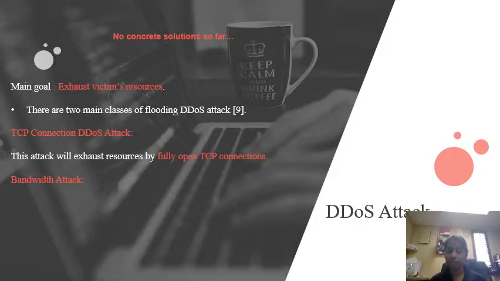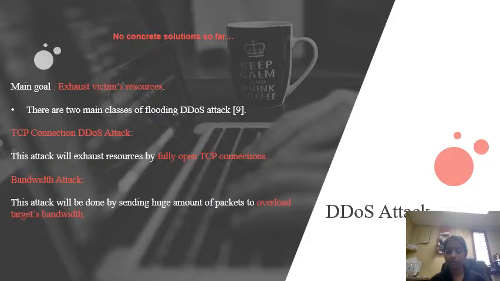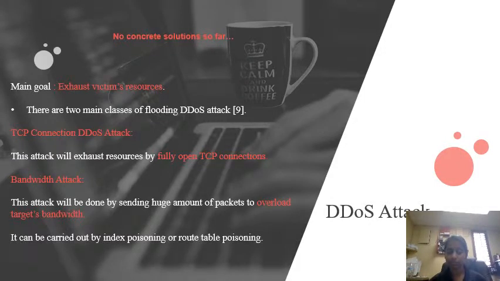In a TCP connection DDoS attack, it will exhaust the service by fully opening TCP connections. Bandwidth attack. This attack is done by sending a huge amount of packets to overload the target's bandwidth. It can be carried out by index poisoning or route table poisoning.